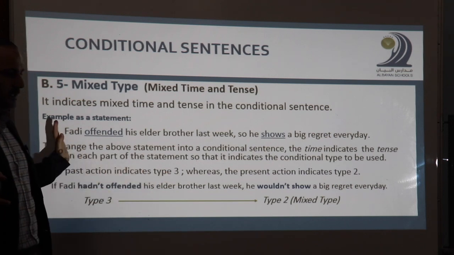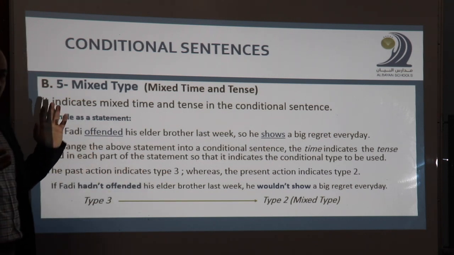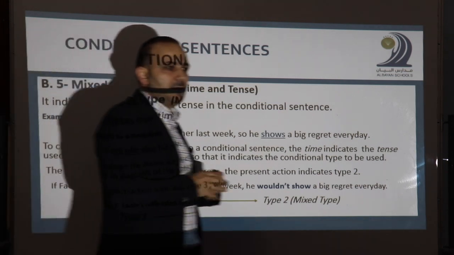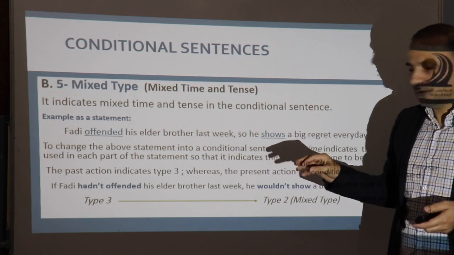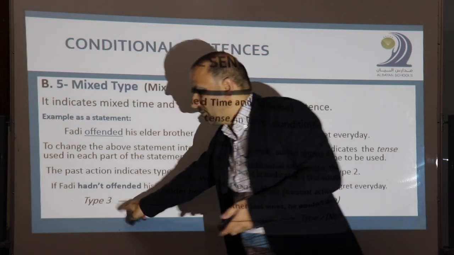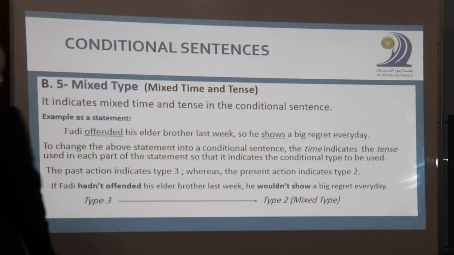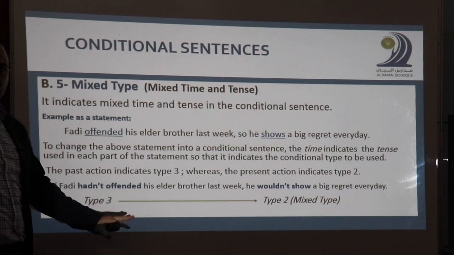Mixed type of what? Of between 2 and 3. Mixed type never happens with other types. Type 2 and 3 only. We may see here type 2 and type 3, type 3 and type 2. Okay? Now we'll move, of course, to the examples to be done.